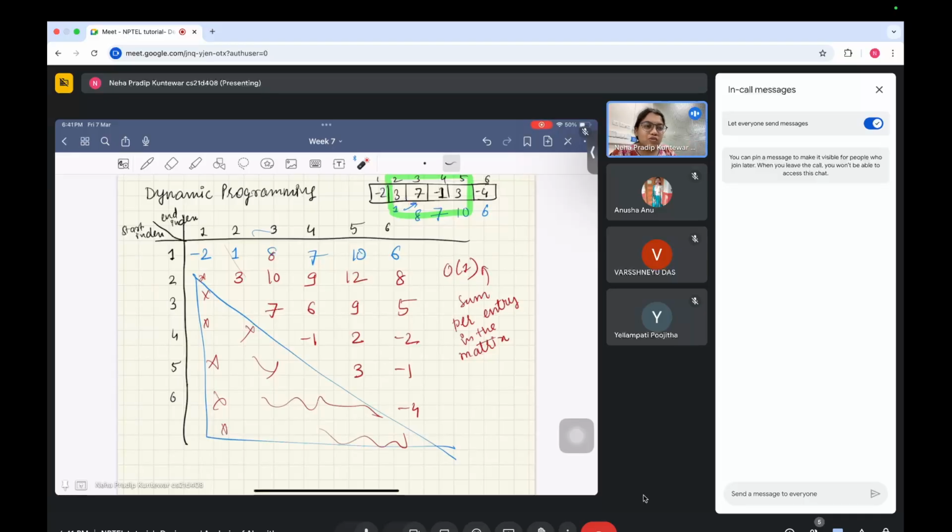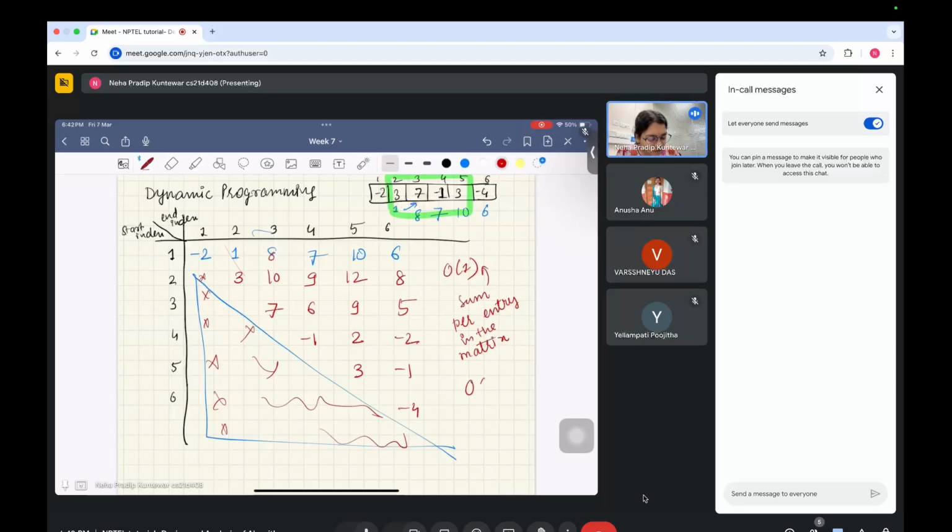You don't need to tell me the exact number. So is it linear or is it quadratic? Is it cubic or... okay? So order of n square, exactly.